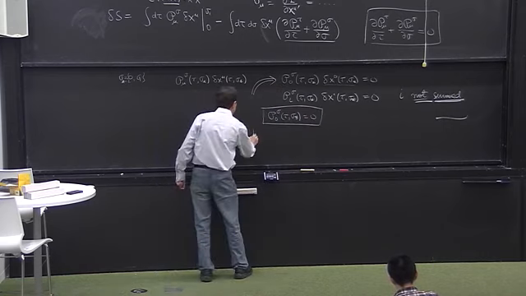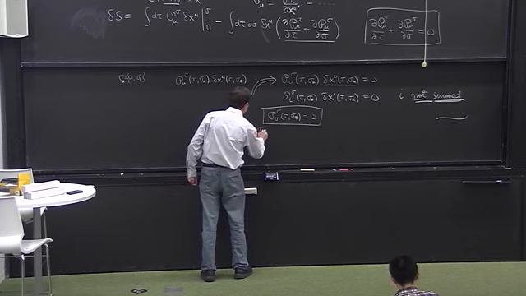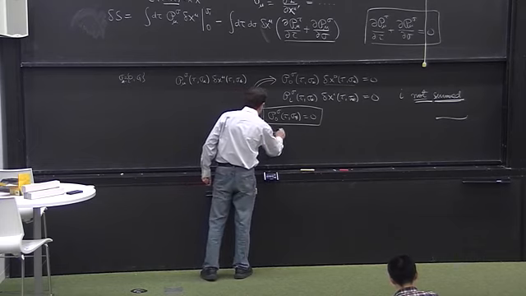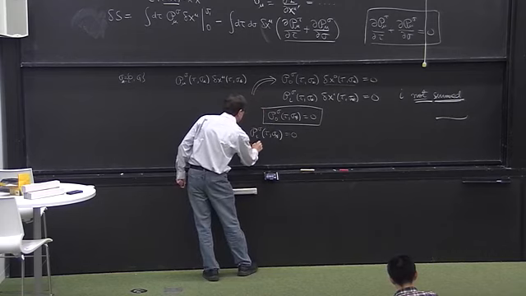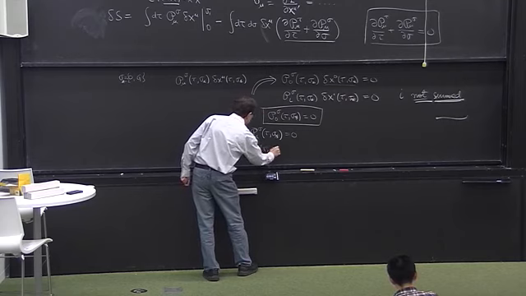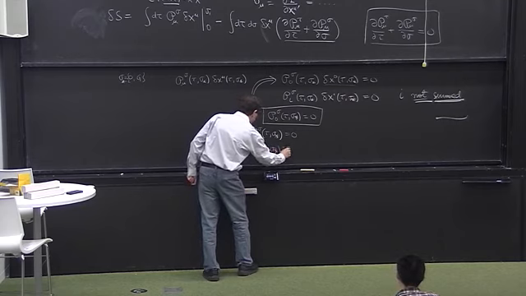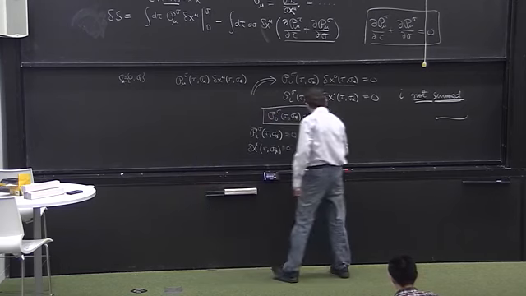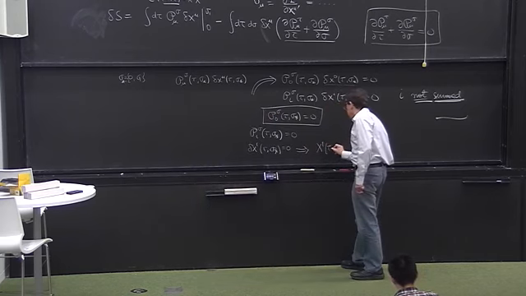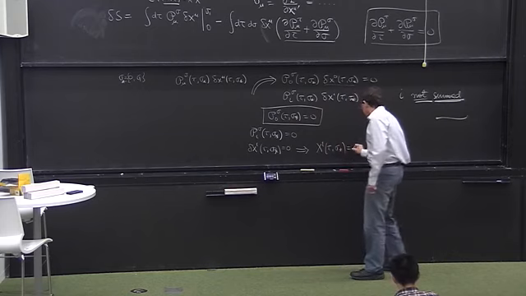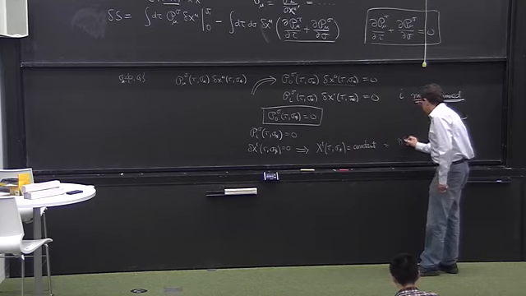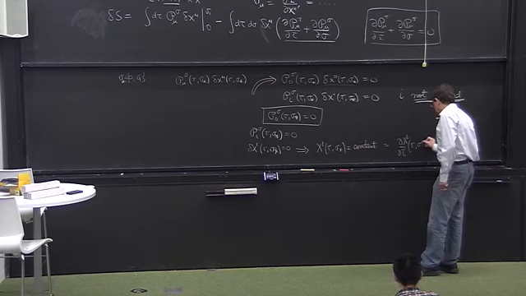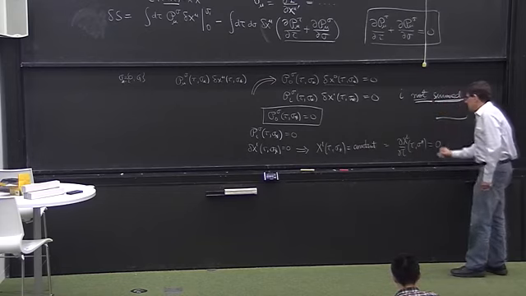Then you can do P i sigma of tau sigma star equals 0, or you could say delta x i of tau sigma star equals 0, which you take it to mean that x i of tau sigma star is a constant, or that dx i d tau of tau sigma star is equal to 0.